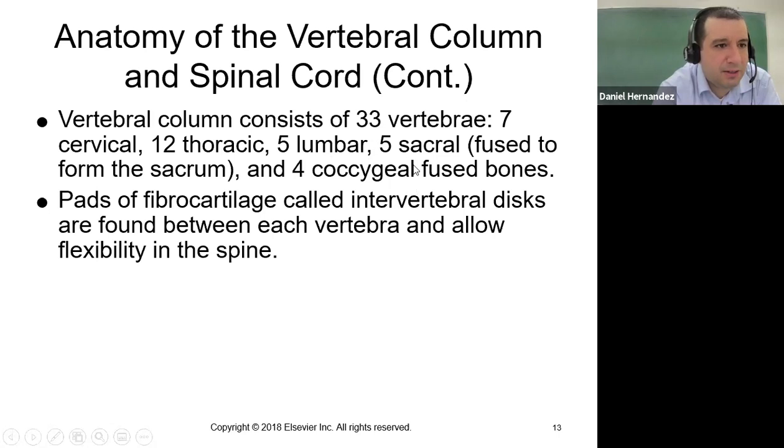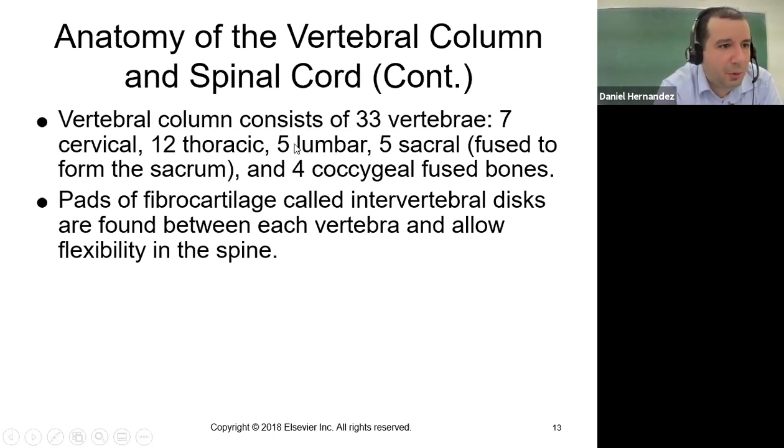So you visualize the coccyx and you start counting your sacral vertebrae and count up to your lumbar, to that thoracolumbar junction. And that's how you determine if there is a tethered cord, based on how low down the cord lies. So we'll see that in a moment.